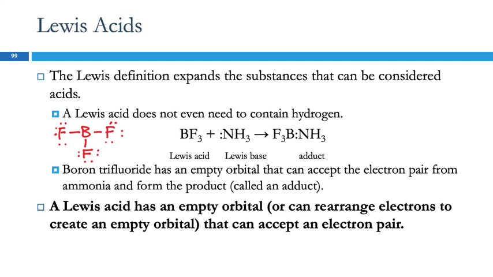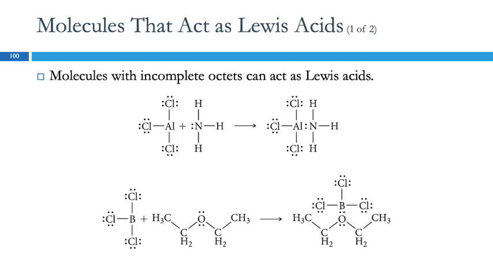So Lewis acids are going to have an empty orbital, or they can rearrange their electrons to form an empty orbital that can accept the electron pair. So, as we saw with boron trifluoride, molecules with incomplete octets can act as Lewis acids.